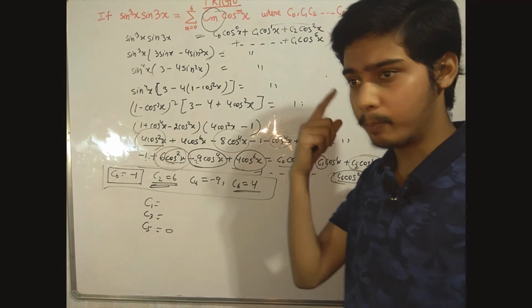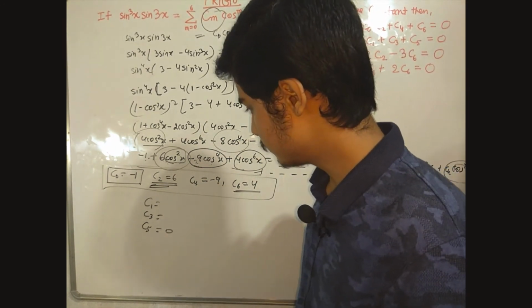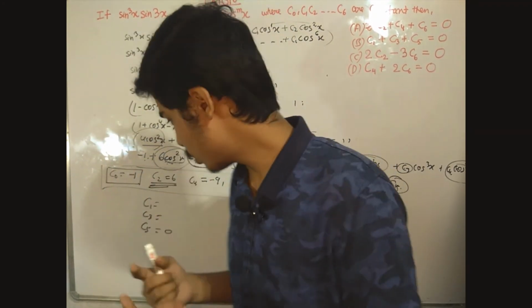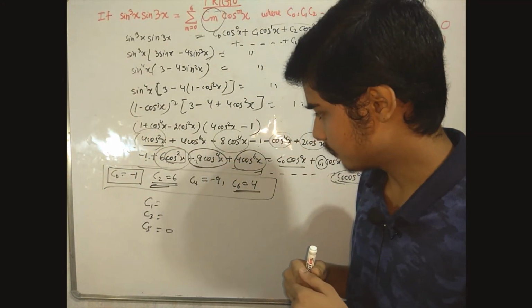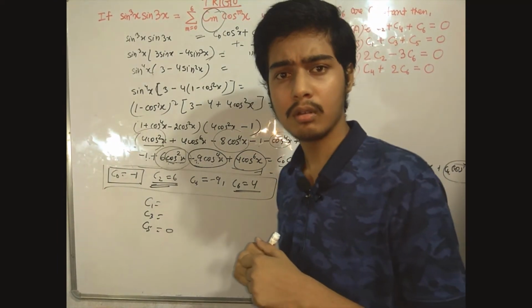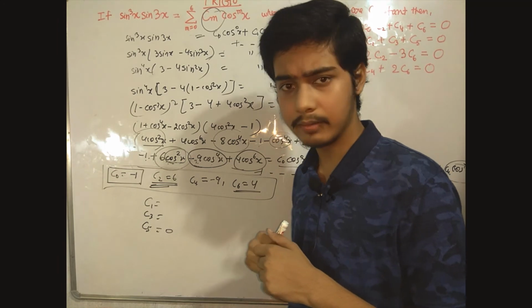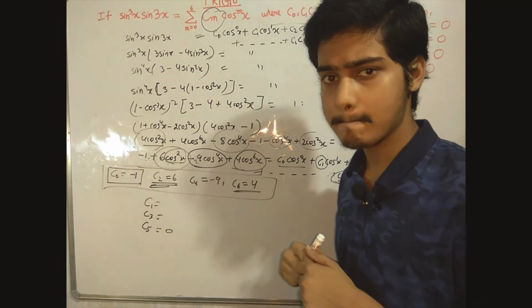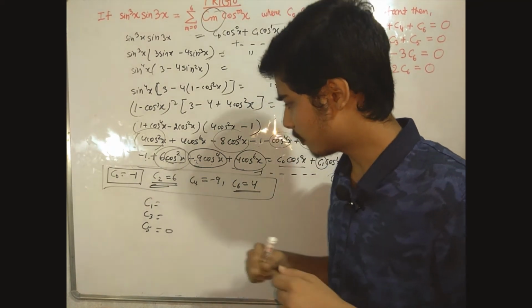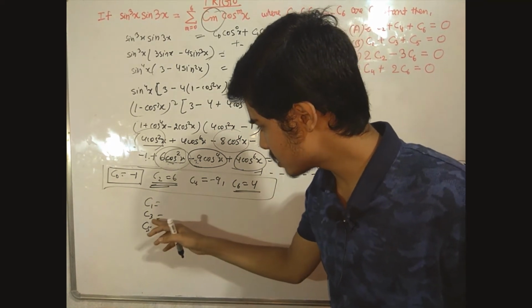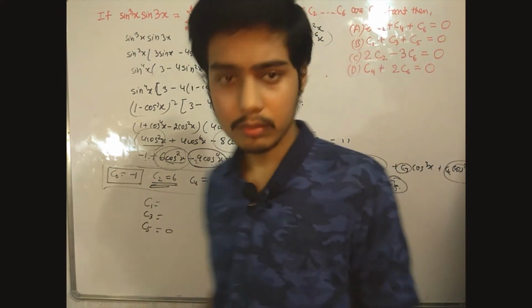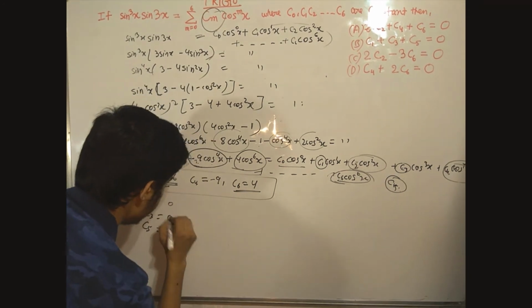We'll apply our brain, and after applying my brain, I'll come to a conclusion that the values of C1, C3 and C5 will also be 0.